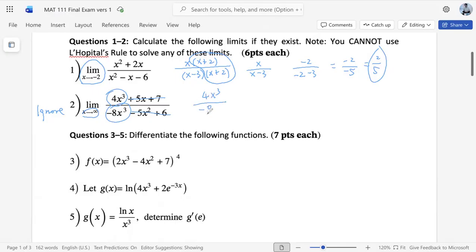The leading term in the denominator is -8x cubed. x cubed divided by x cubed becomes 1. So we're left with 4 over -8. That's negative one half. Right? So that's the answer for the second one. We use the ignore rule. When x approaches infinity or negative infinity, we just ignore the lower terms. We only take the leading term to consider.